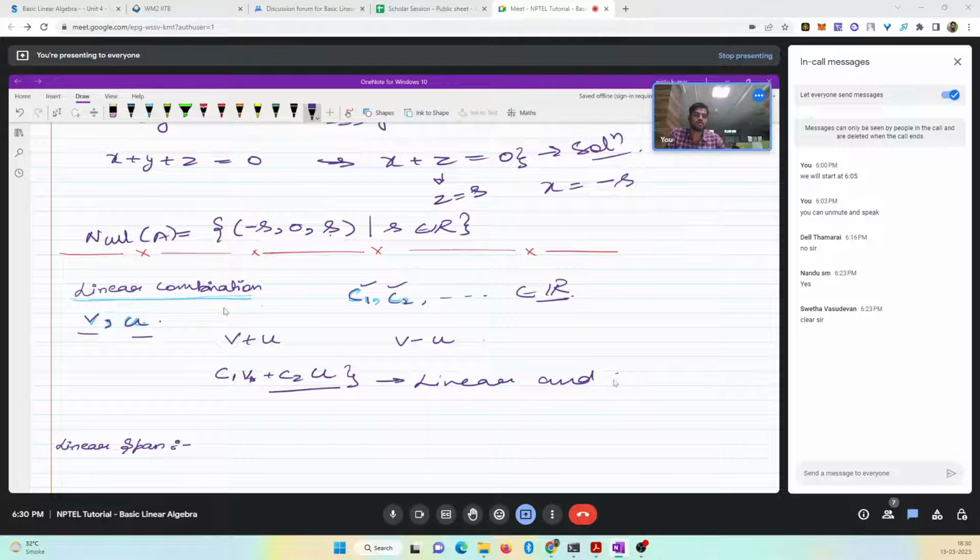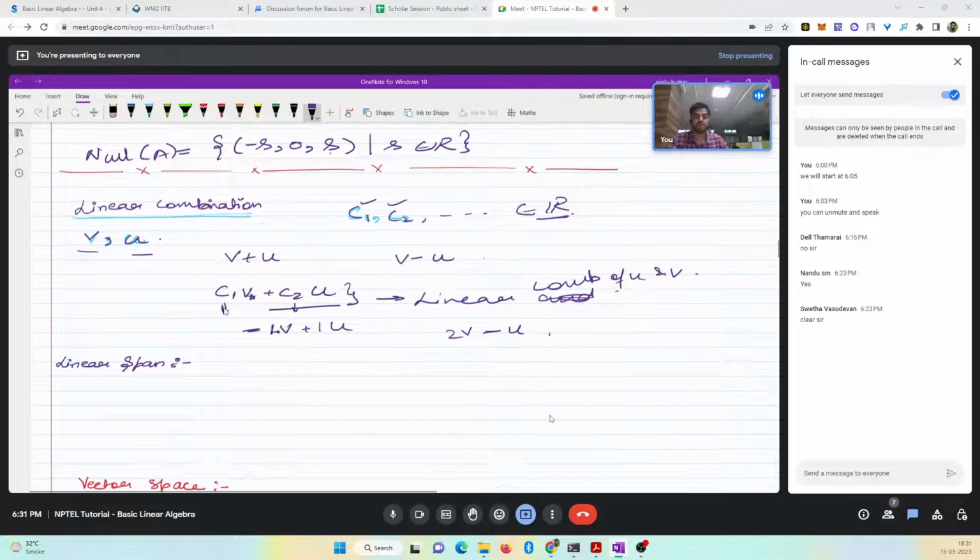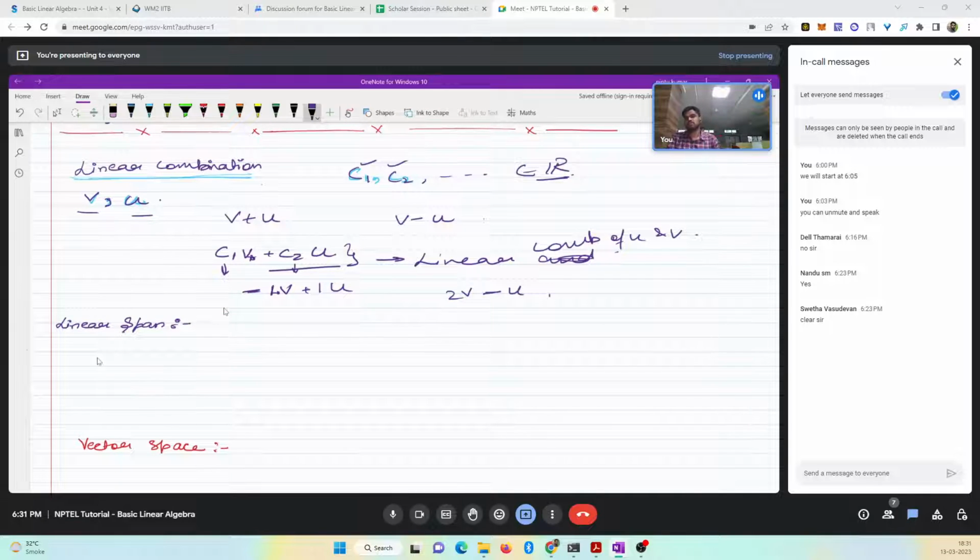Here c1 and c2 can take any arbitrary value. So this can be -1 times v plus 1 times u, or it can be 2v minus u, anything of this form. All these combinations are called linear combinations. Now let's talk about one more definition, then we'll go to vector spaces and a lot of examples.